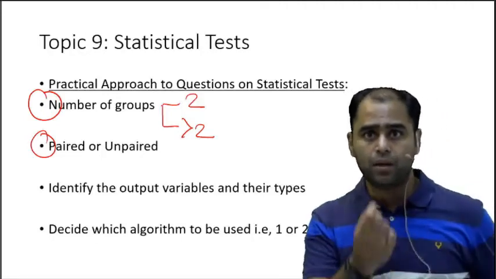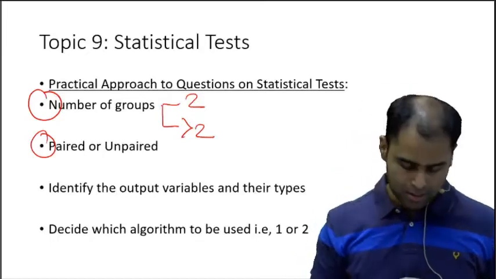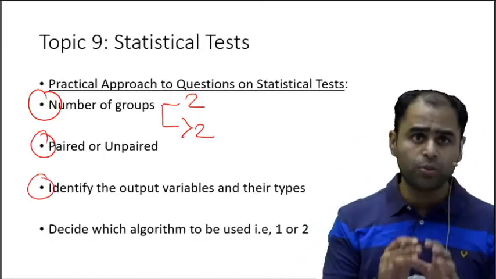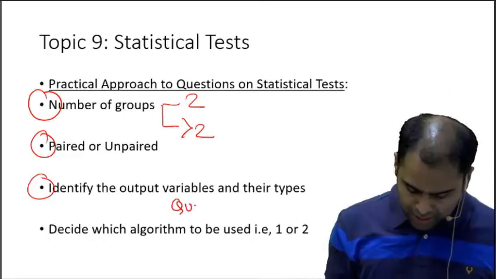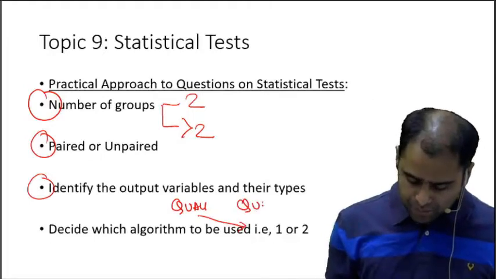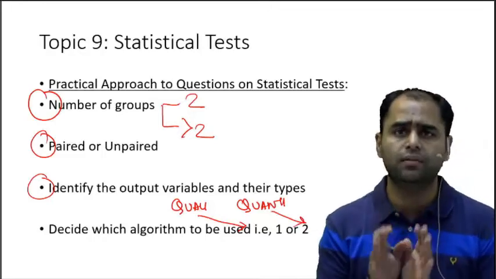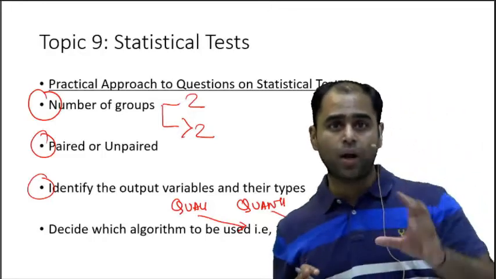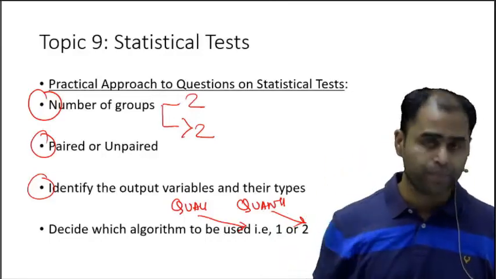Measure my BP, give me an atenolol, 30 minutes later measure my BP, paired. Identify the output variable. If the output variable is qualitative, then algorithm 1. If it is quantitative, then algorithm 2. Very, very simple. So if it is quali, algorithm 1. If it is quanti, algorithm number 2. Yes.